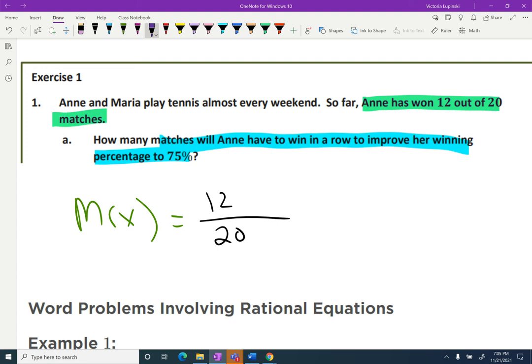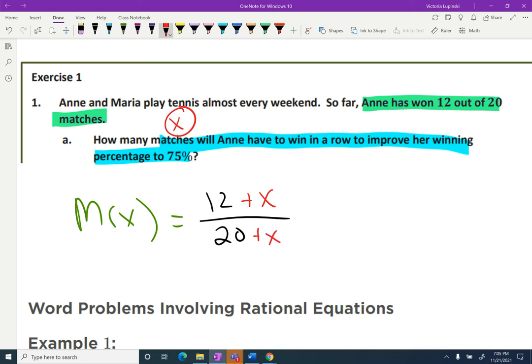Basically, she has won 12 out of 20 matches. That is her initial winning percentage, the y-intercept, as it were. And now you're trying to figure out how many more matches she will have to win in a row. Well, if you don't know the number of matches, you usually call that a variable. In this case, let's call that X. We know that she has to win that many matches, but she also has to play that many matches.